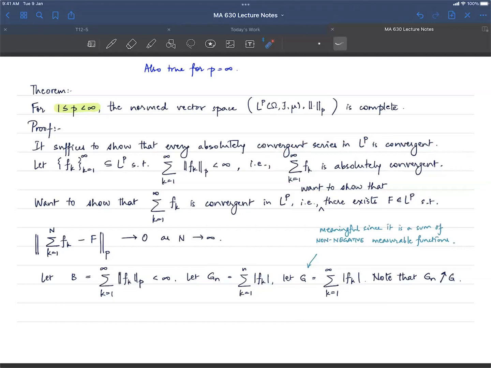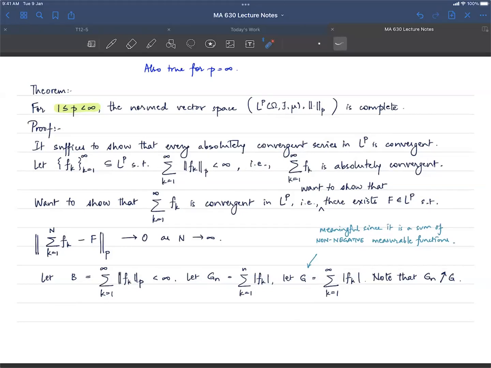Exactly. That is just the assumption. The assumption is that sum k going from 1 to infinity of the norm of f_k is finite. So why is this true? This is true by assumption. We are assuming that f_k is a sequence such that this is true. So it was a simple question. This is just the hypothesis that this is convergent.